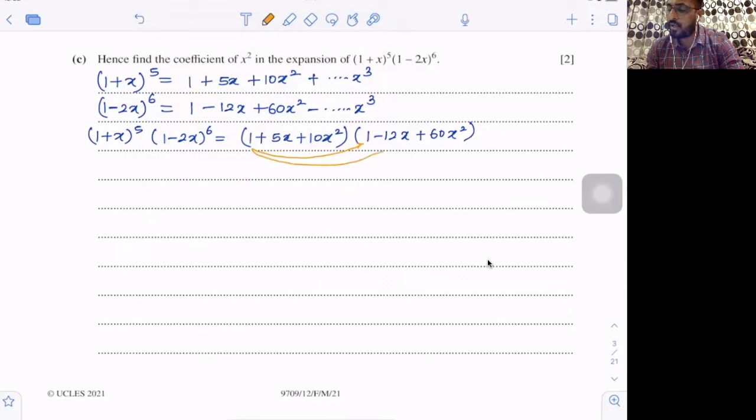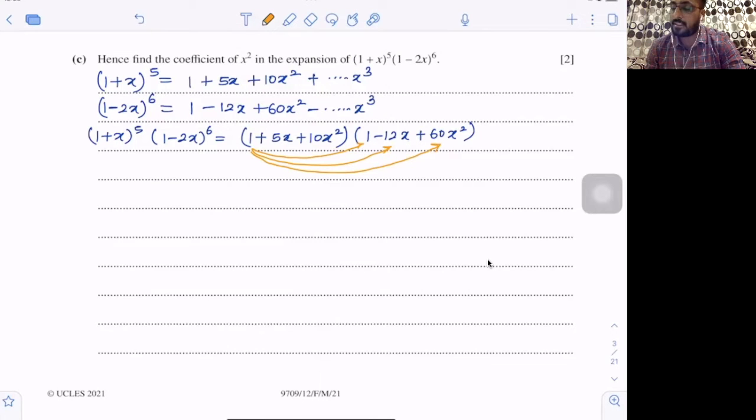It multiplies with 1, it multiplies with minus 12x, and it multiplies with 60x square. So of these three multiplications, where have you got the term of x square? I need the coefficient of x square, so I'll be more focused on getting only the terms of x square. I'm not interested in what other terms are going to multiply and come. So let's focus on only the multiplications which can give us x square.